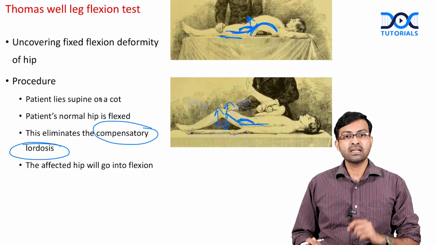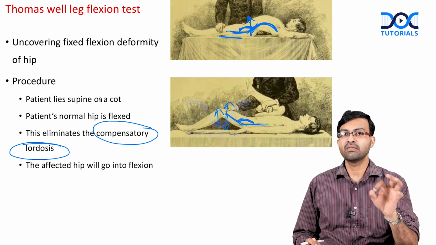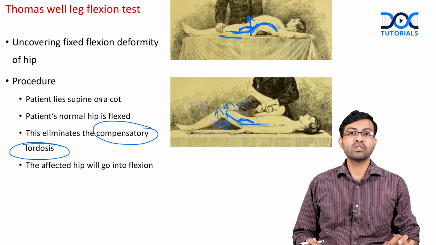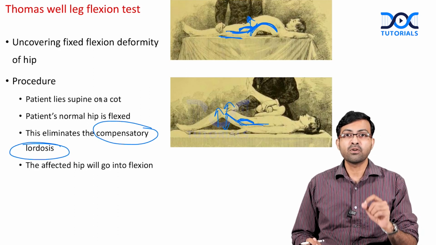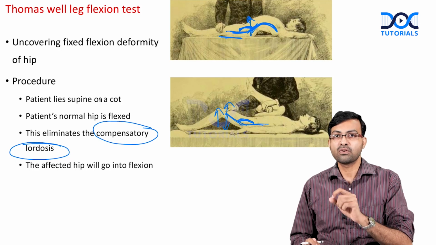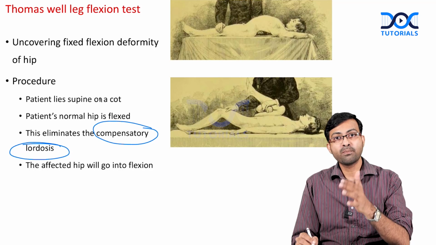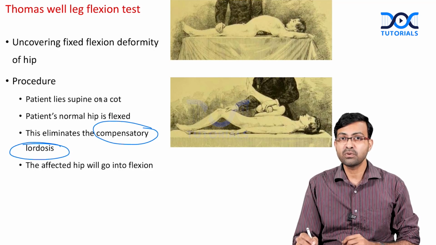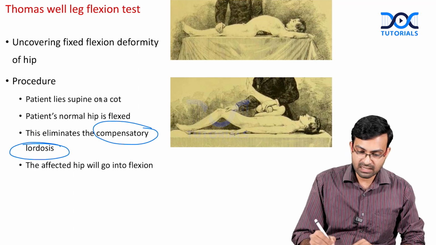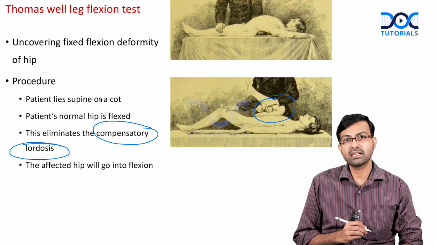Okay. So just by looking at the hip, we will not be able to say whether the patient has a flexion deformity or not. In order to identify a flexion deformity, we have to first obliterate the lordosis. We will have to completely eliminate this compensatory lordosis. And how can you do that? It is very easy. You just hyperflex the normal side.